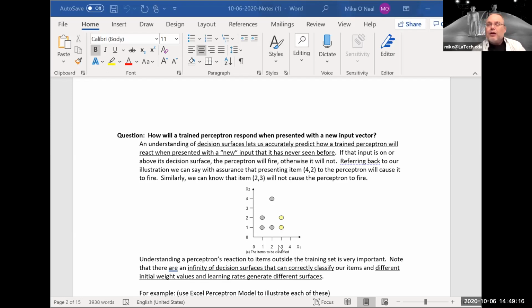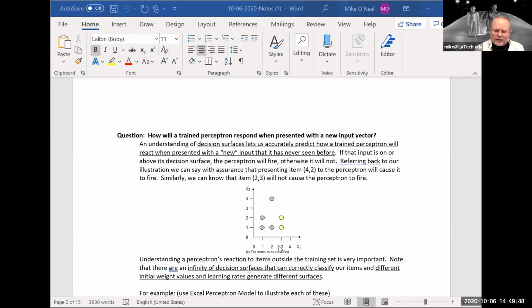But to make sure it was really working properly, they took another series of photos that the algorithm had never been trained on and had never seen before. And when they gave the new pictures to the perceptron, it totally screwed up. It was just like it was randomly guessing. It couldn't tell the difference between the photos with tanks and the photos without tanks.